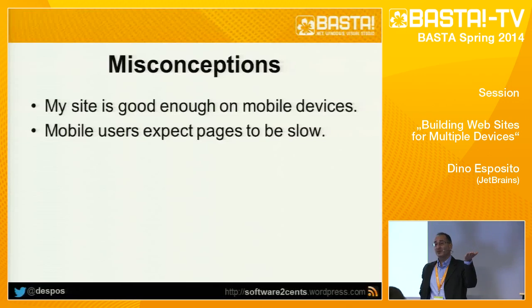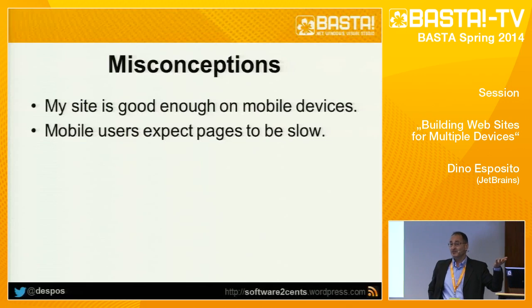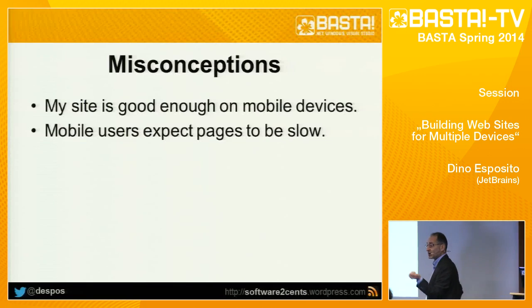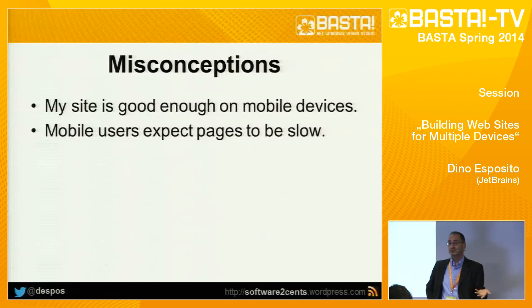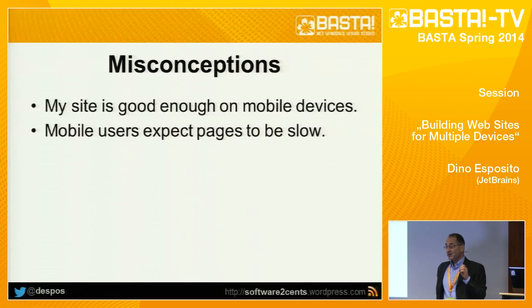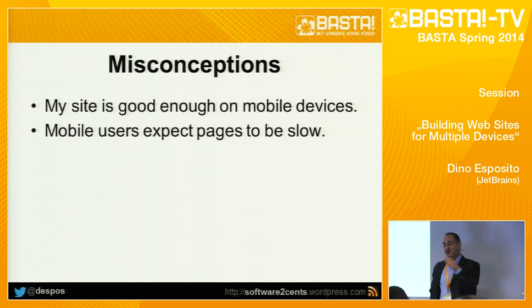So that means that there will come a time, my guess is 2 years, in which it will be absolutely unacceptable for every user to go on a website that is not fully enjoyable through whatever device, and especially small devices. So yes, mobile users expect pages to be slow. Yesterday, maybe today, certainly not tomorrow.